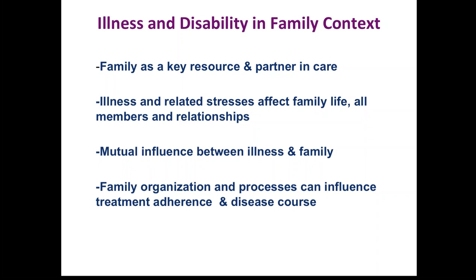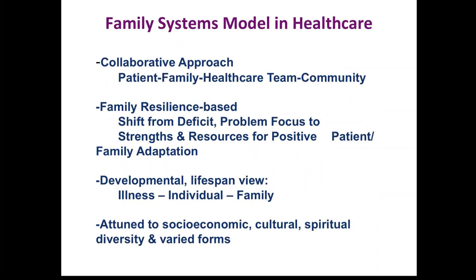There's a mutual influence between illness and family: not just the impact on the family, but also how family processes can affect the disease, most importantly adherence to treatment. There's a lot of data on how family organization processes can influence that, as well as, in certain cases, disease course.